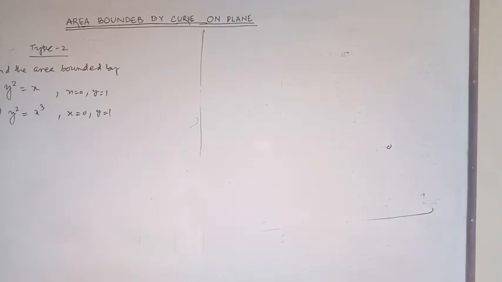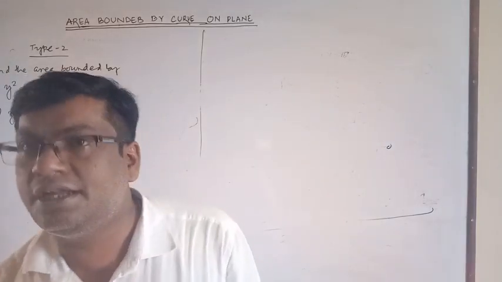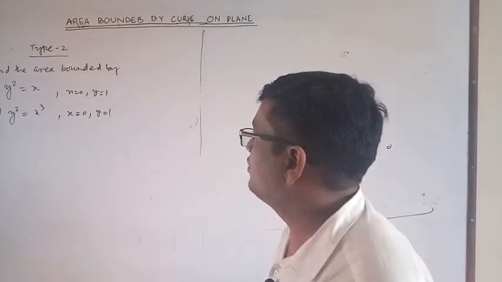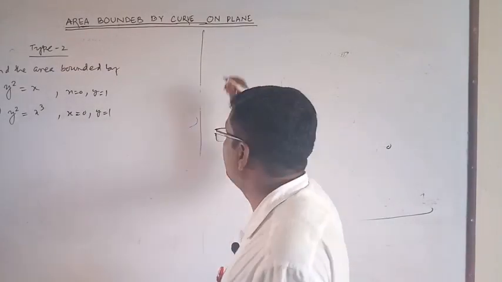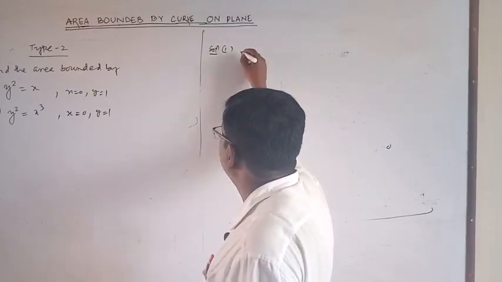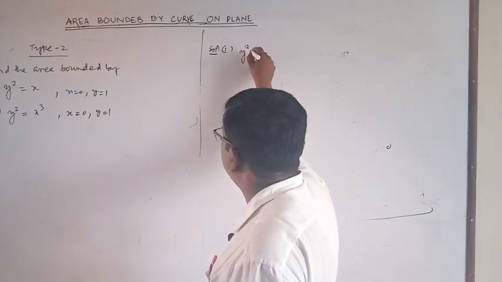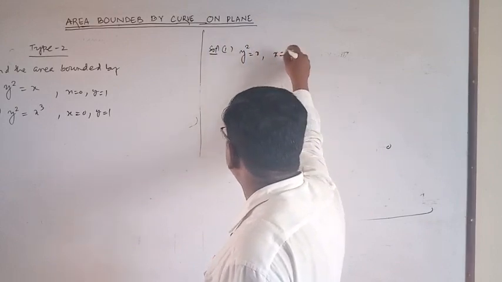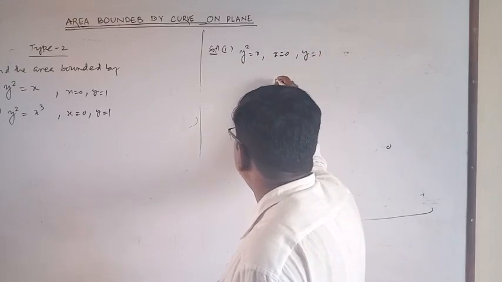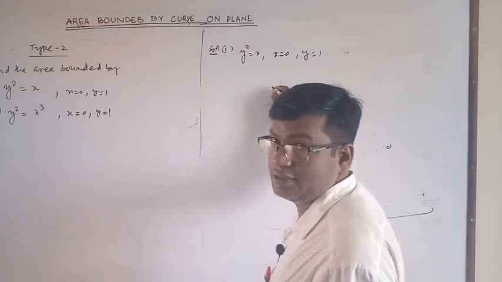Now area bounded by the curve y square equal to x, x is equal to 0, y equal to 1. Solution: what is the graph of y square is equal to x?